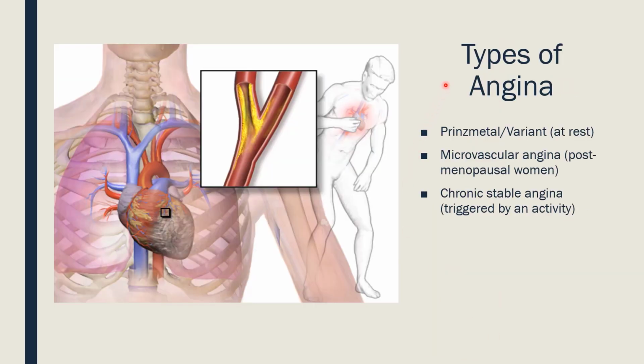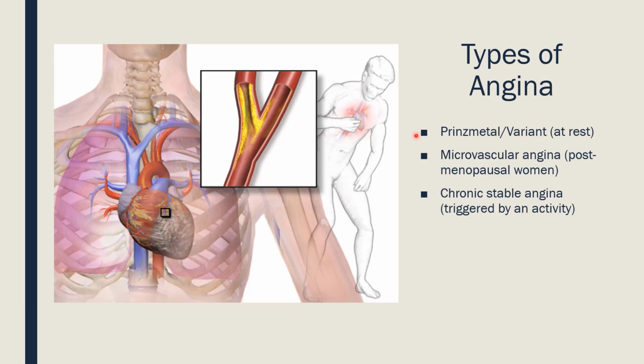Now, as the coronary artery disease advances and there's more blockages or atherosclerotic plaque buildup, your patient might develop angina pectoris, and that's a sign that there's ischemia going on in the heart. So as you can see here, there are different types of angina. And again, with Prinzmetal, this is a type of angina that can happen at rest.